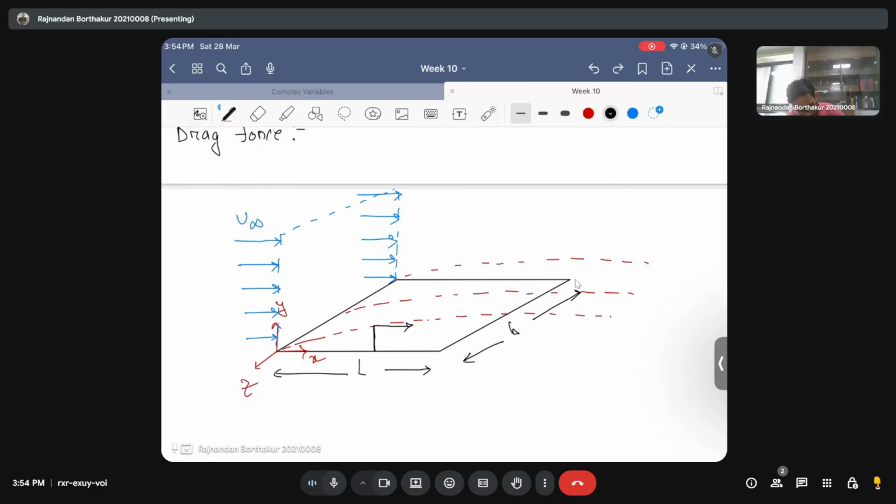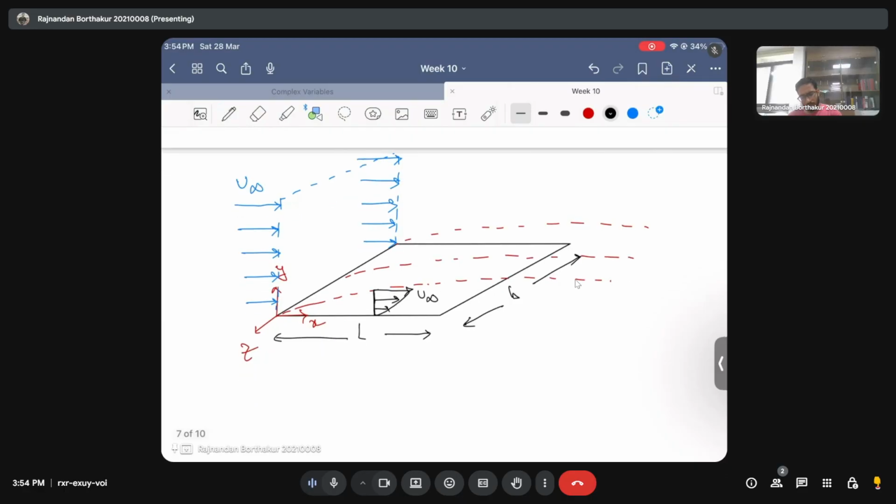And we know that this basically will vary from 0 to u infinity. I'm not drawing the boundary layer at the different sections along the plate. So what does it mean? In order to calculate the drag force, I will pick any distance x from the leading edge, and I'll choose a small strip there.